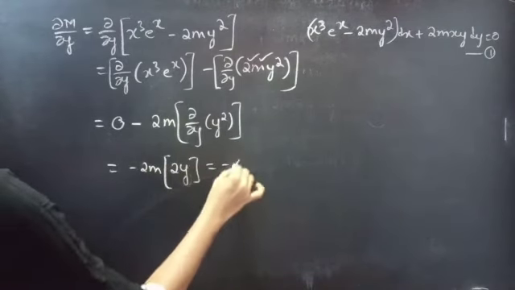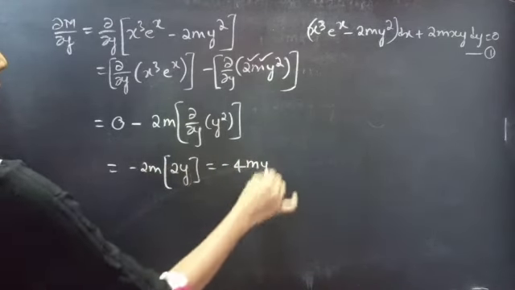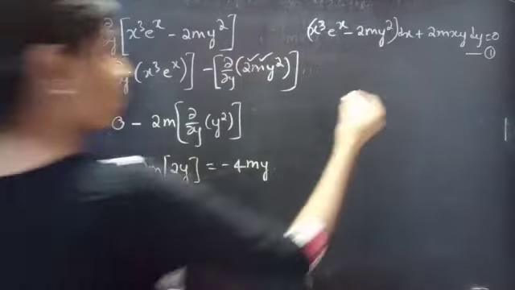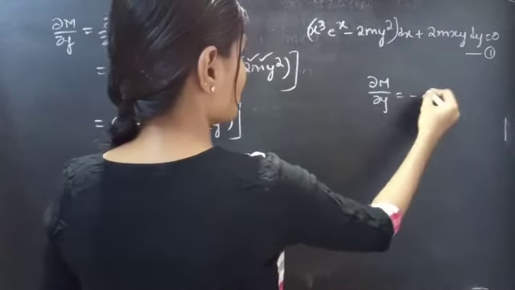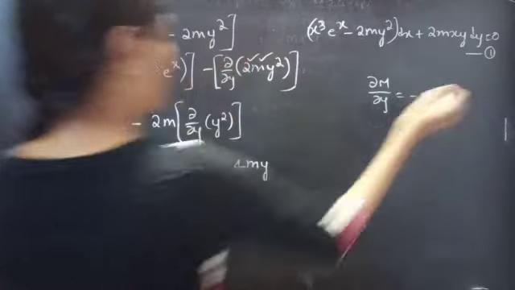So it equals minus 4my. So we have partial derivative of M with respect to y equal to minus 4my.